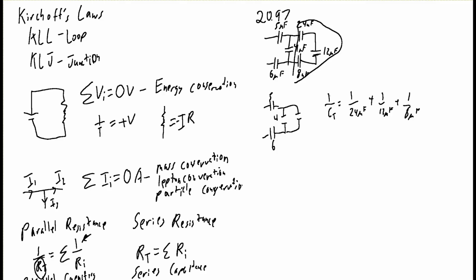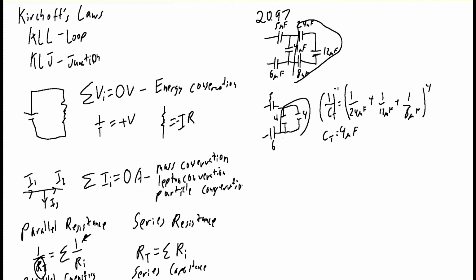And well, I want the CT, so minus 1 goes there, minus 1 goes there. So I get that CT is equal to, I don't know. And the book doesn't either. That's fine. 1 over 24 plus 1 over 12 plus 1 over 8 to the inverse is equal to 4. Oh, okay. So this is 4 microfarad. Yeah, that guy goes 4.